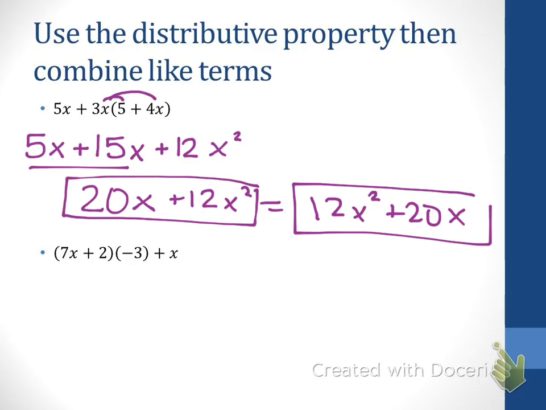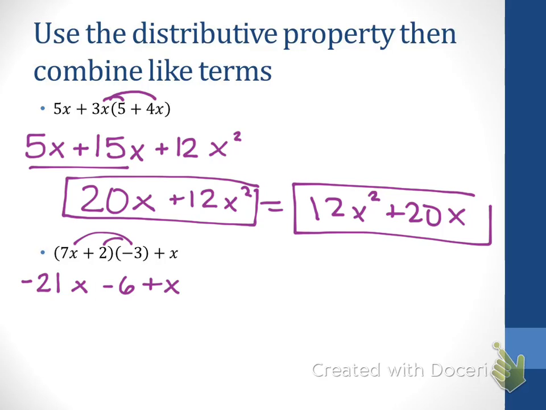It says do distributive property, but what am I going to distribute? Vincent? The negative 3. Don't think, oh, well, that's minus 3. No, that negative 3 is in parentheses, which tells us it is multiplication. And just because it's in the back doesn't mean anything different. We still can distribute with a number that's in the back. So negative 3 times 7x is negative 21x. Negative 3 times 2 is negative 6 plus x.